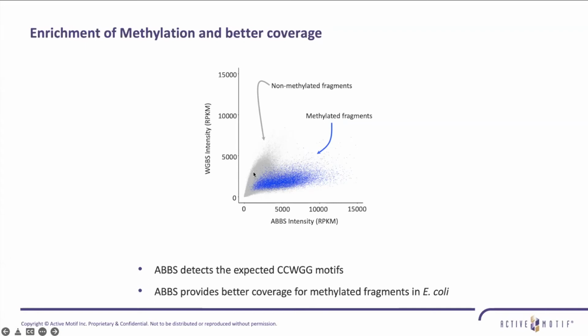What you can directly see is that there is a bias. ABBS seems to better enrich for these methylated fragments because we see a skew towards a horizontal line, and that's exactly what we want to see. We're expecting an enrichment, a bias if you will, towards methylated cytosines. So in conclusion, ABBS detects the expected CCWGG motifs, and ABBS provides better coverage for methylated fragments in E. coli.